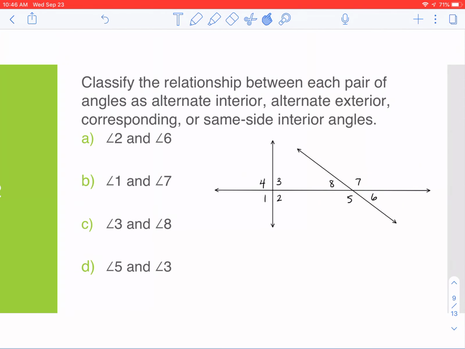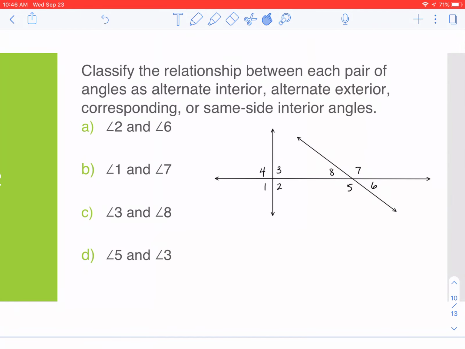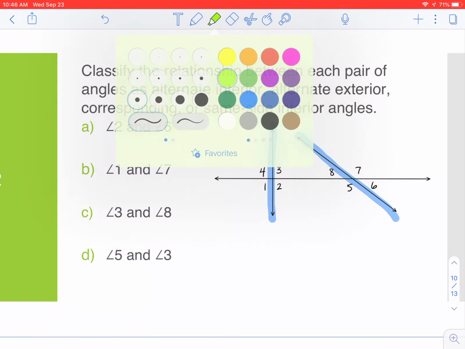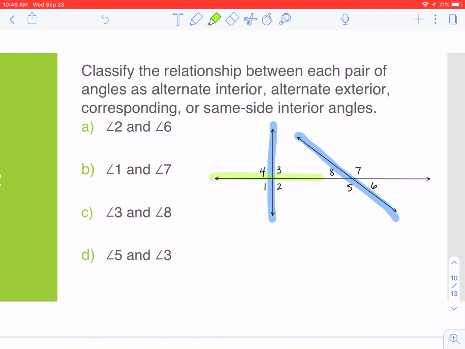Okay, now it's your turn to try. What I would suggest is pausing the video and seeing if you can solve these. So I'm highlighting my lines again, my transversals, in this bright green highlighter.